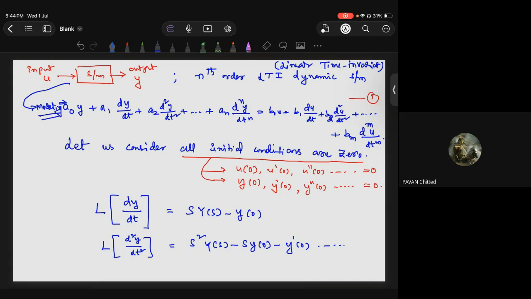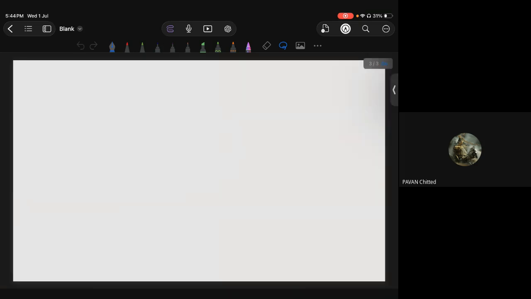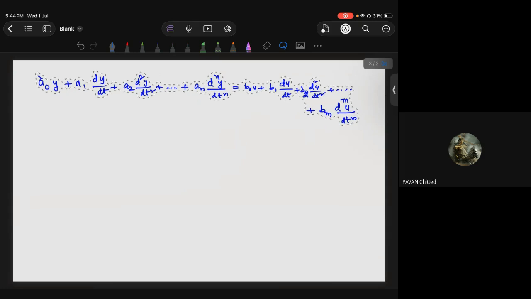Now consider this entire differential equation and apply the Laplace transform on both sides.